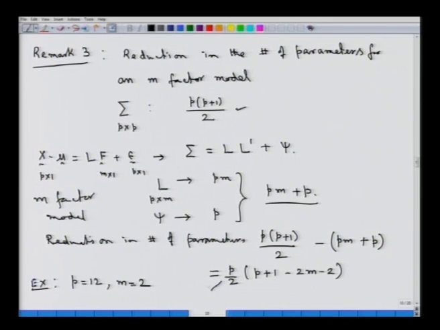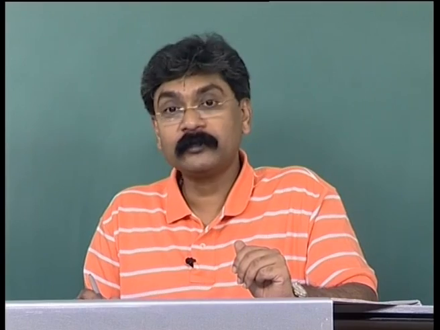Then this term, which gives us the reduction in the number of parameters, if you calculate, will turn out to be equal to 42, which is huge actually. So, by using a 2-factor model for 12-dimensional original variables, we are able to reduce the number of parameters explaining the variance covariance structure sigma through the m factor model. So, we will continue from this in the next lecture.